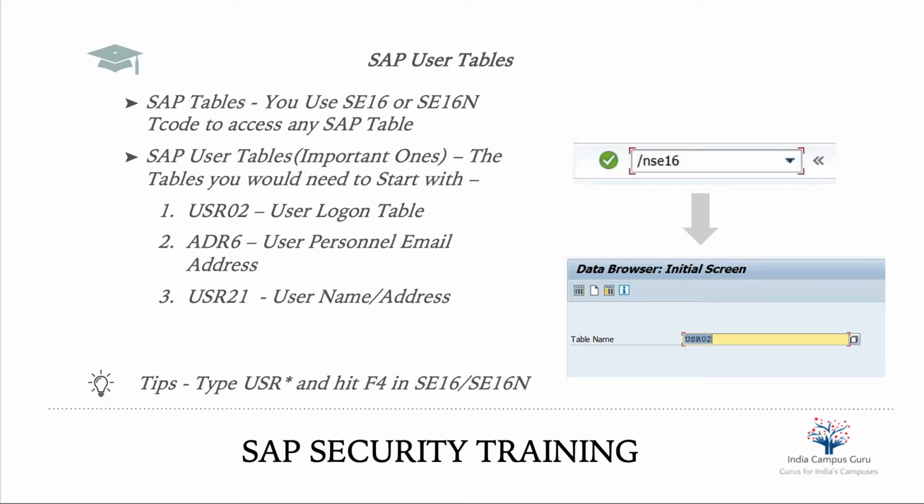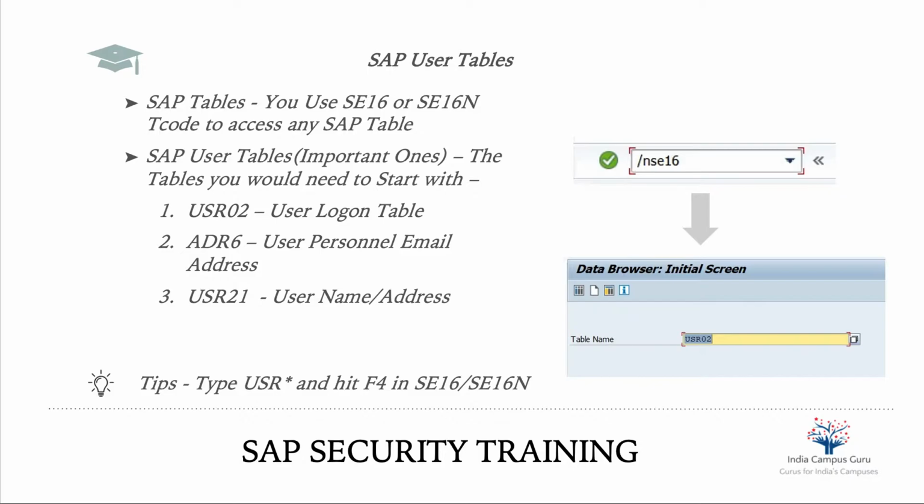There are a couple of more tables, like ADR6 and USR21, which contain user address details and email ID. Both these tables have data, but you have to map the two tables to see what email ID is for what user ID.